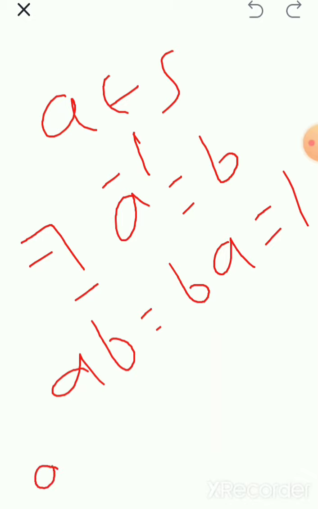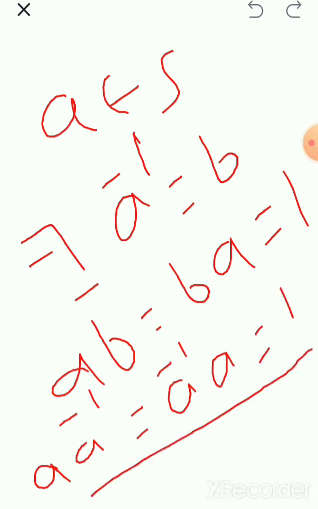Means A A inverse equals A inverse A equals 1. If this property is satisfied by these elements in S, then we can say that identity element with respect to multiplication is there in S. So this identity element is over.